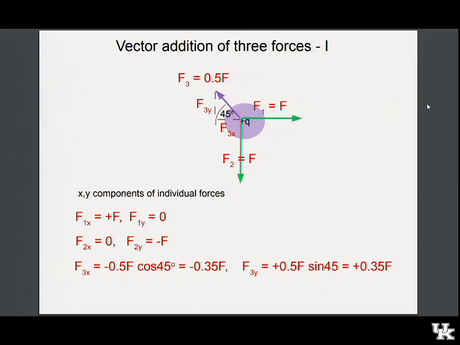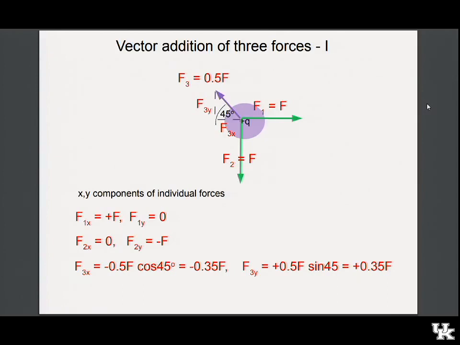The one that's a little more complicated, but not too much, is this force here. The one in magenta has both an x component, this horizontal line here, and a y component. Both of those are non-zero. We can find them because they're the adjacent and the opposite sides of this force triangle. We can find the x component with cosine 45 degrees and the vertical component with sine 45 degrees. Here's the strength of the force, half an F, and here's the cosine and sine.